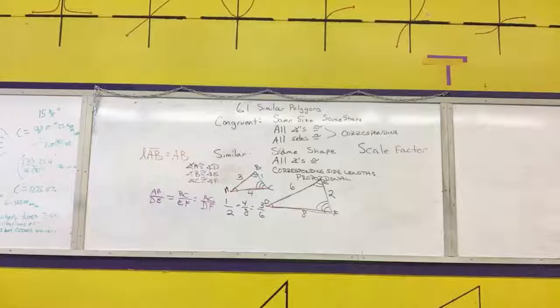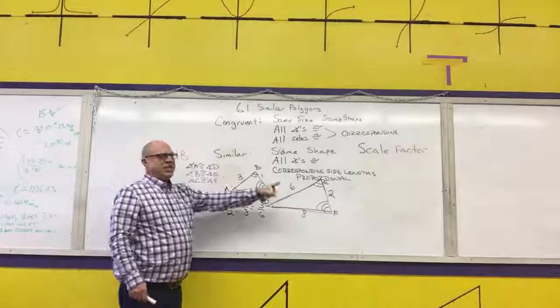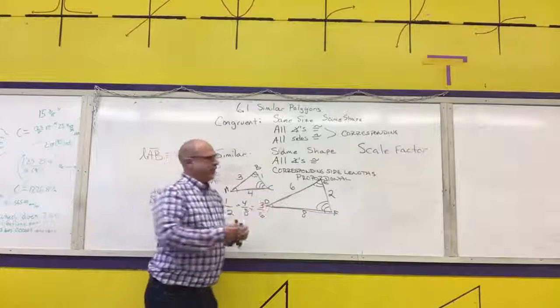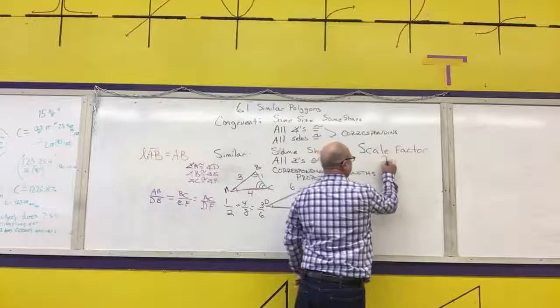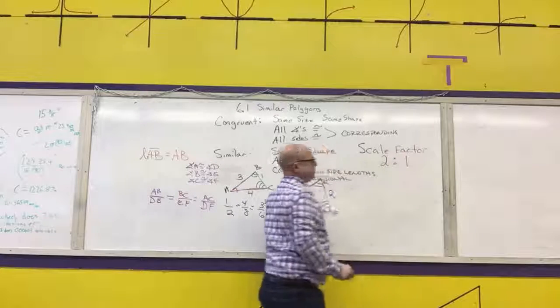So, starting at triangle ABC, what do I have to multiply each side by to get to triangle DEF? I multiplied by 2. So, to get from triangle ABC to DEF, I had a scale factor of 2 to 1.